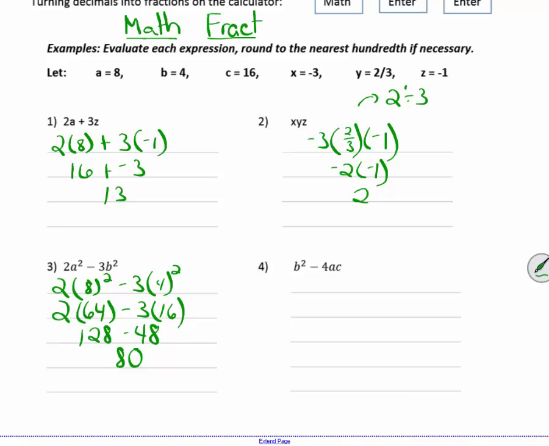All right, b squared minus 4ac. So b squared, 4 squared, minus 4 times a, which is 8, times c, which is 16. Oh, this one I'm getting my calculator for. I know 4 squared is 16.